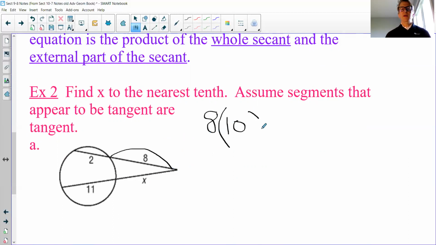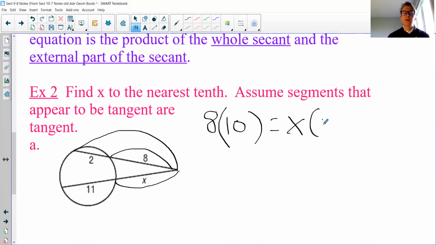I'm going to multiply it times 8 plus 2, or the whole piece, okay? And that's going to equal x, the small piece, times x plus 11. Okay, so here we go.